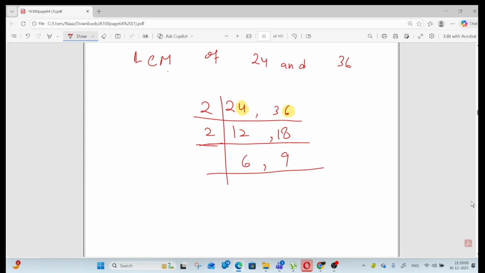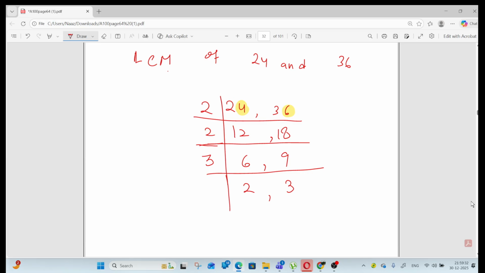Very good. Now we can divide both of them by 3, right? What would you get? 6 divided by 3 is 2, and here we get 3, right?